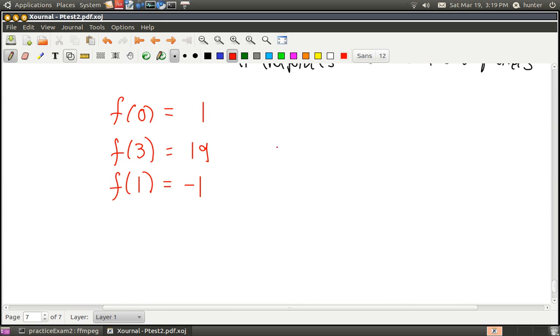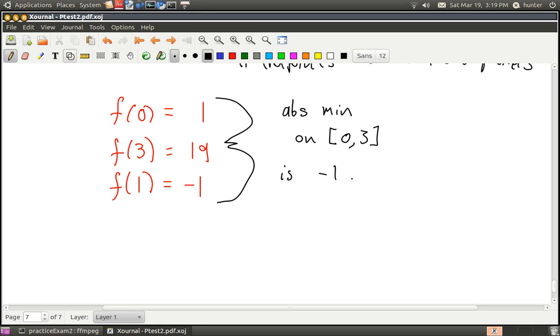So we're done, and you're probably asking, where's the beef? This is what happened. All the local extremes are given here, so let's write down the absolute minimum that the function takes on 0 to 3. It's just going to be negative 1, and it takes on this value at x equals 1.